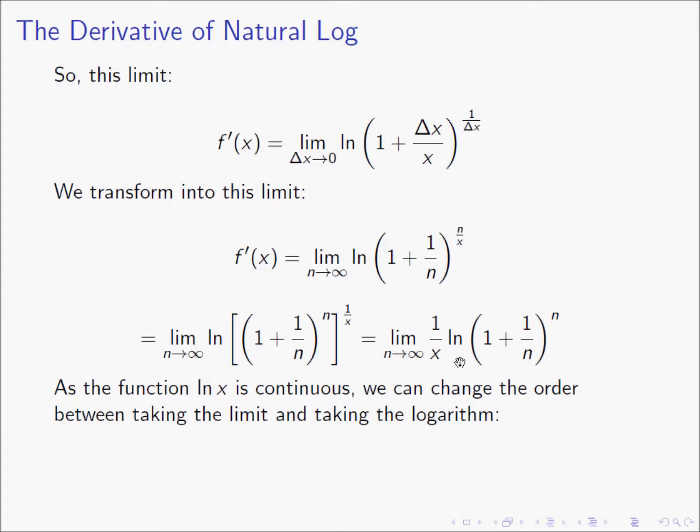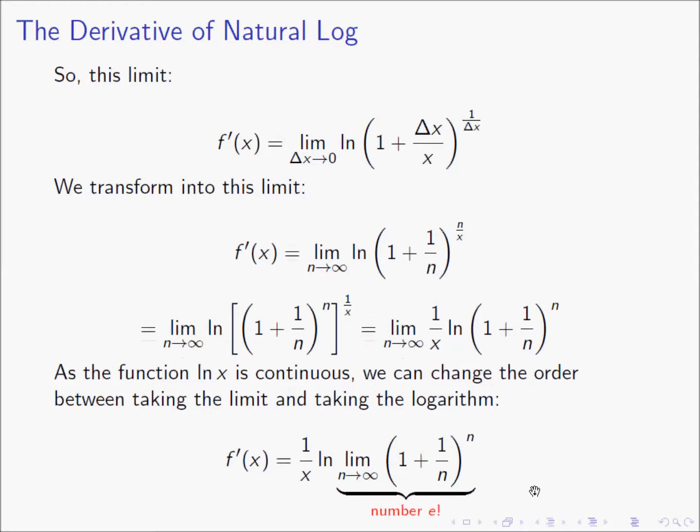But here we can change the order and first take the limit and then take the natural log. So here we take 1 over x out of the limit sign and we change the order. First we take the limit of this expression and then we take the natural log. We can do this only because the natural log is a continuous function.